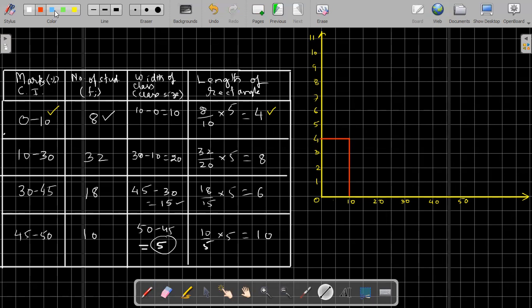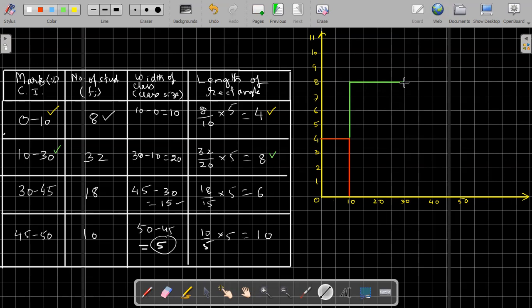Then 10 to 30, height is 8. We have to go up to 30 with height 8.